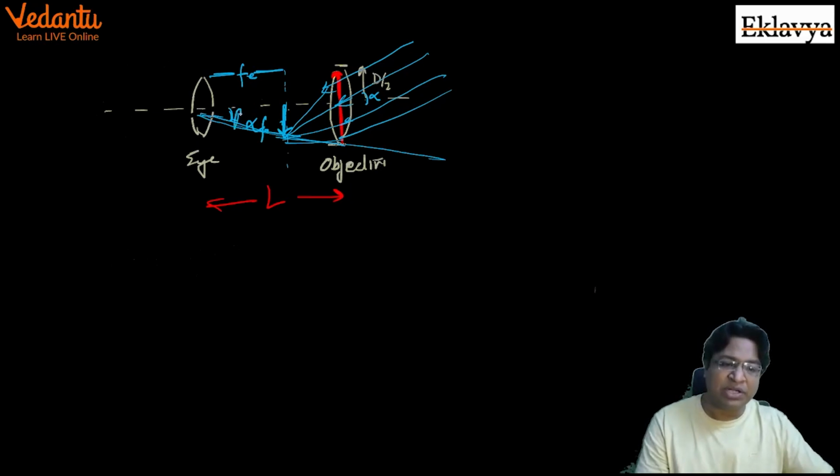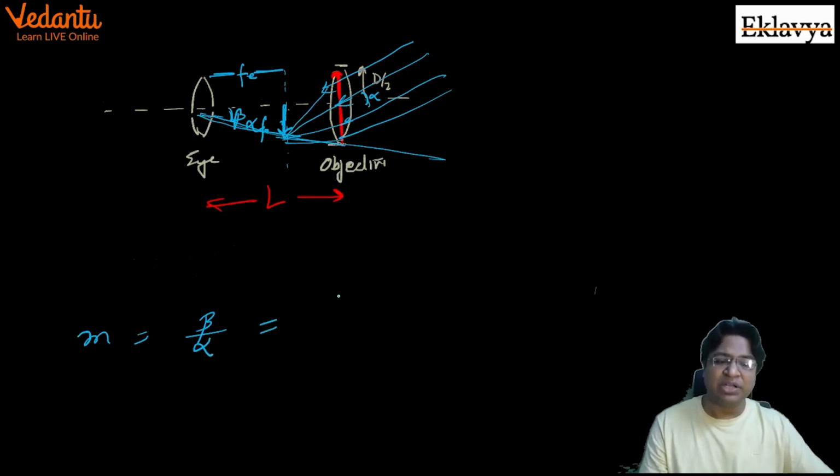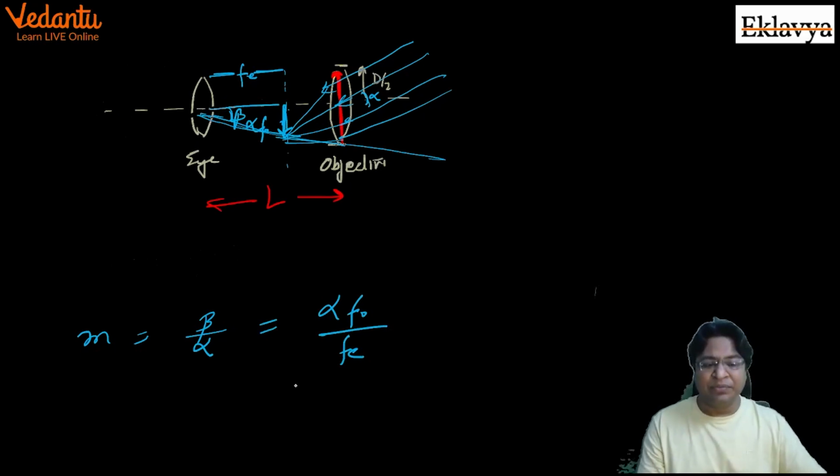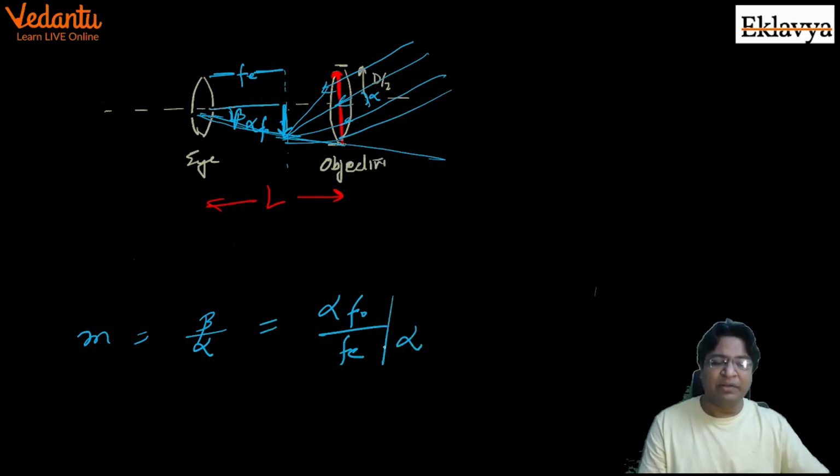So let me call this angle beta. The magnification is defined as this beta angle divided by the default angle alpha that we would have got. Beta is actually alpha times f naught, that is this height, divided by this distance, which is Fe. So this is beta divided by alpha. So magnification is f naught by Fe. This is a standard result that we have just derived.